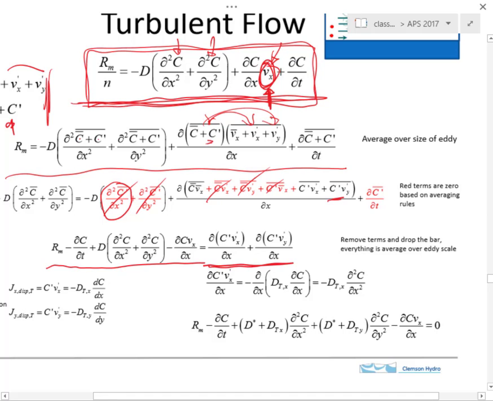So you can work through it and see how it goes, but you end up then with the regular advection dispersion equation, plus these two extra terms. But what we said was that's the mass transfer from dispersion in a turbulent flow.